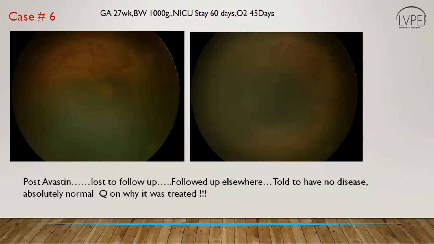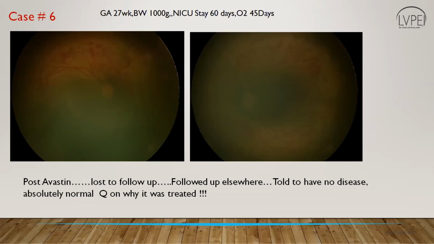This baby has again extensive pre-retinal yellow deposits on the surface of the blood vessels, going around 360 degrees. I injected, and the baby was due for a follow-up, but somehow the child was lost to follow-up.